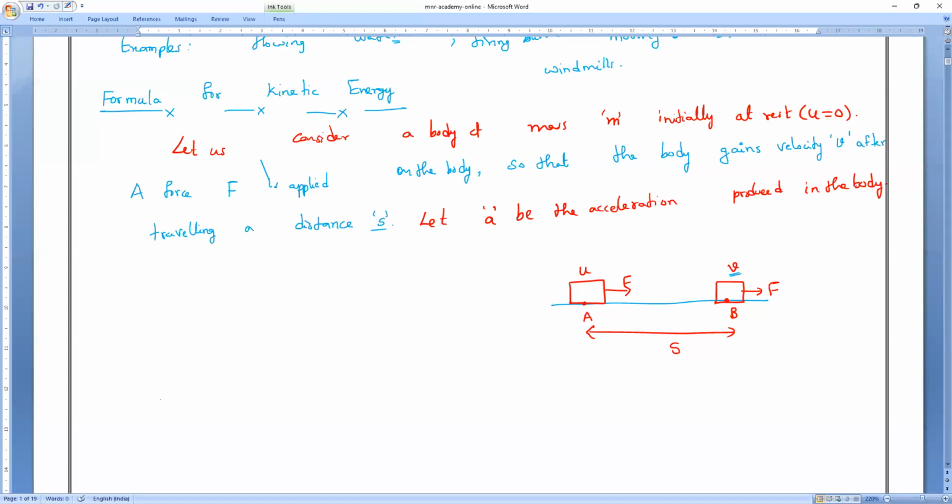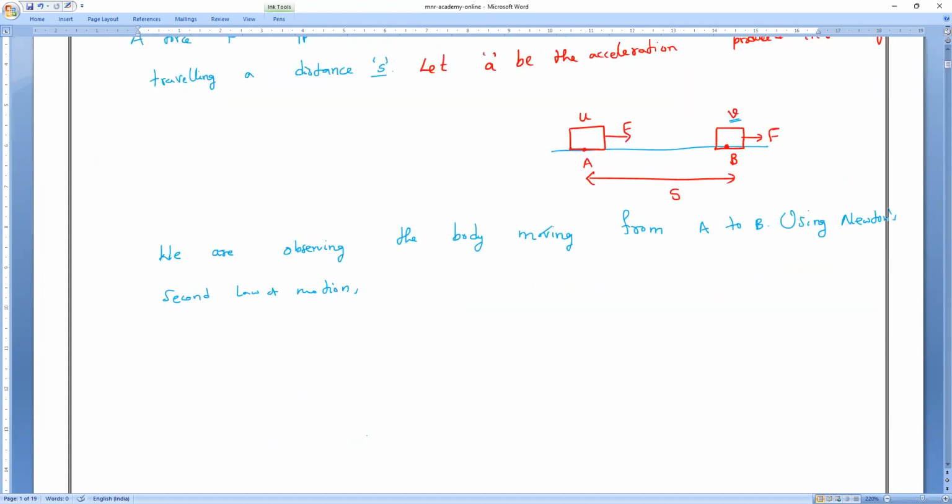As we observe this figure, the body is moving from A to B. Using Newton's second law of motion, what is Newton's second law?